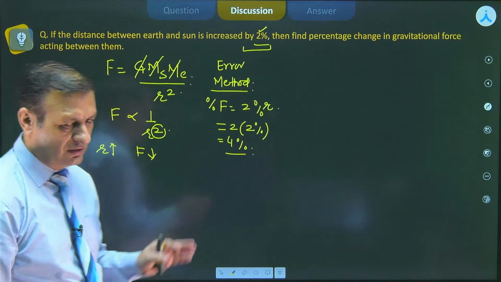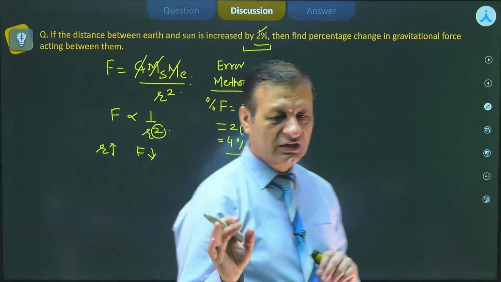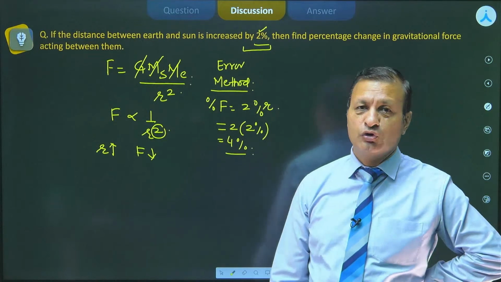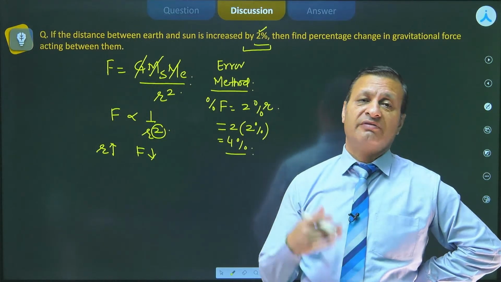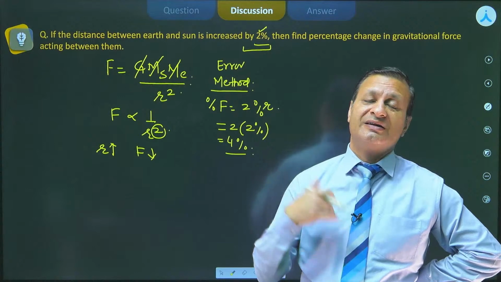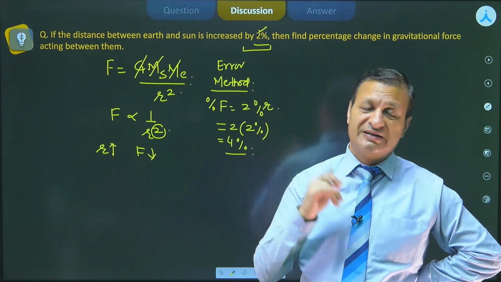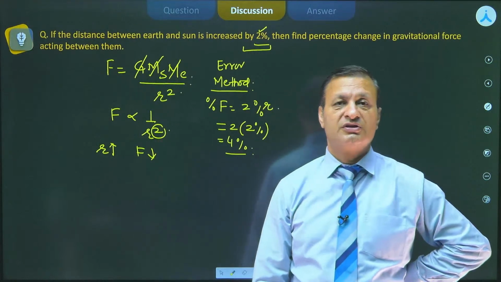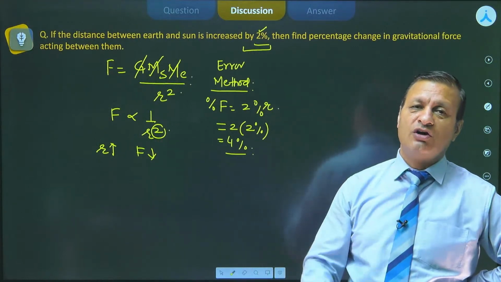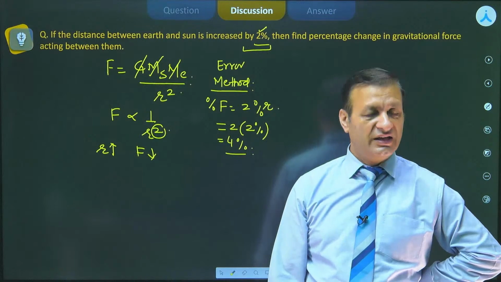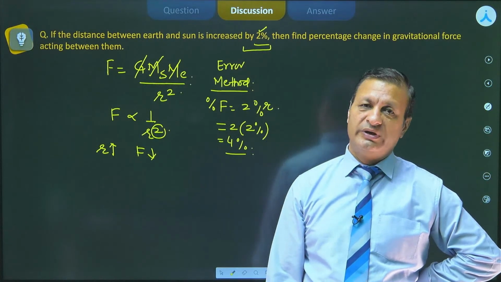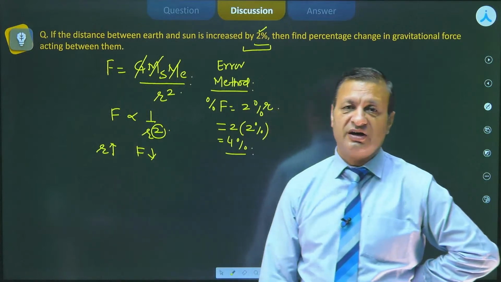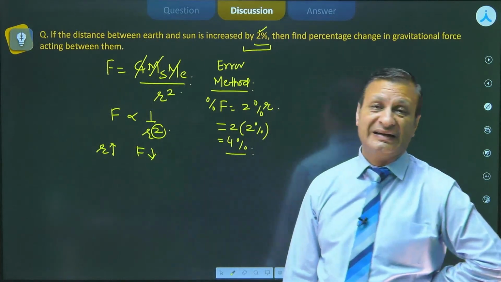If only a numerical value is asked, it would be easy to pick the answer as 4%. But if they write 4% increase or 4% decrease, then observe the relation, how force is varying. Is it varying directly or inversely? We have just discussed that with the increase in R, F decreases.